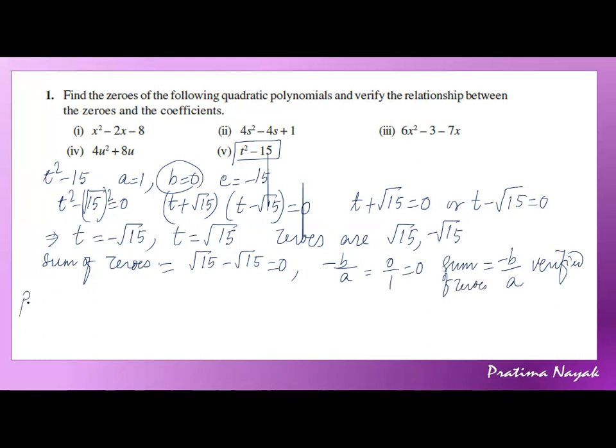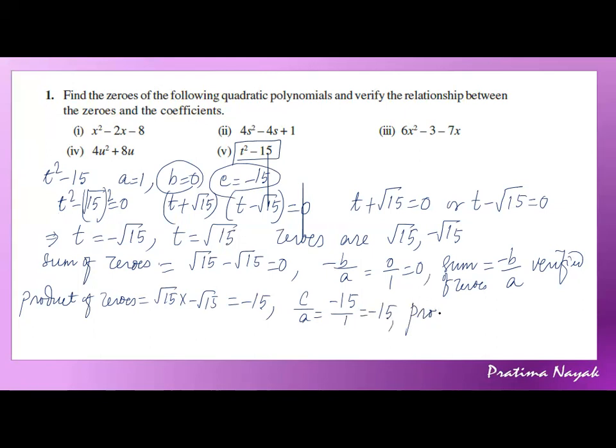Next is product. Product of zeros is equal to under root 15 multiplies minus under root 15 gives you minus 15. Put a comma, write down c by a. c is minus 15 by 1. So product of zeros is c by a, verified.